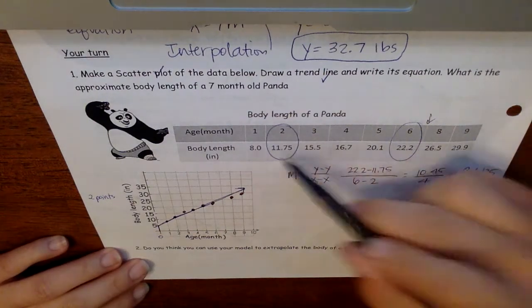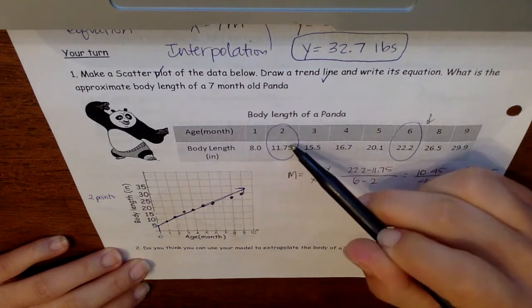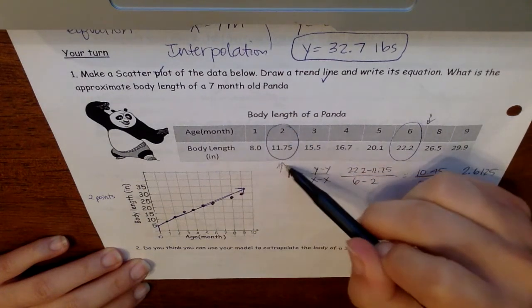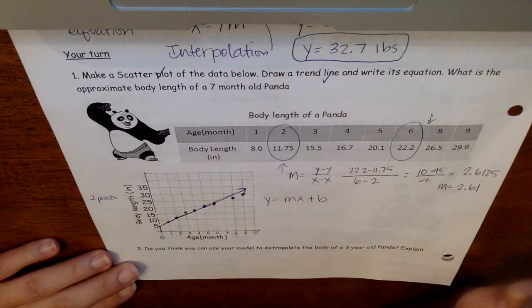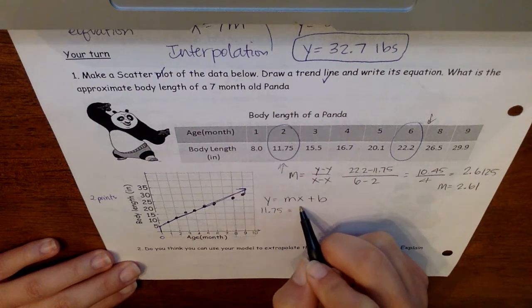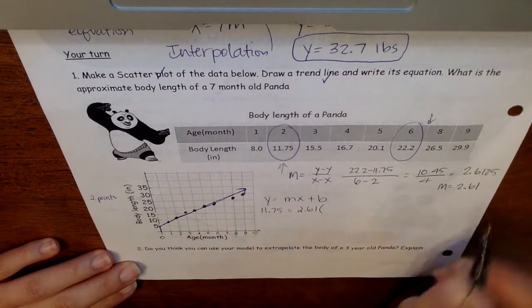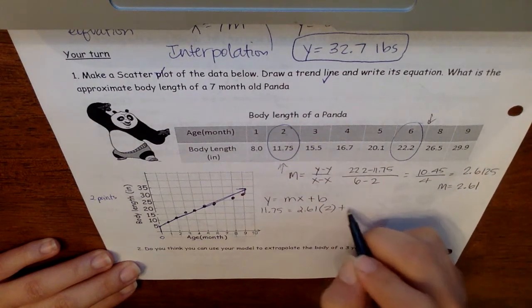and we pick a point to find our slope-intercept form to find our y-intercept, so I'm just going to pick this point. So y equals mx plus b. I hope you're getting all this down. My y is 11.75. My slope is 2.61. My x value is 2.